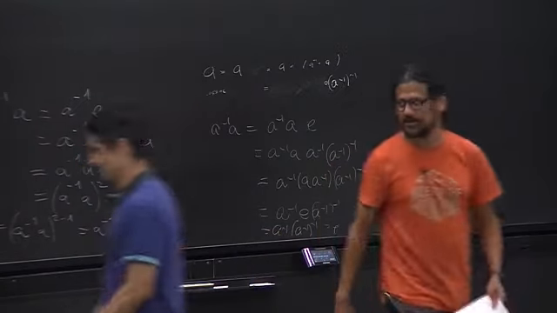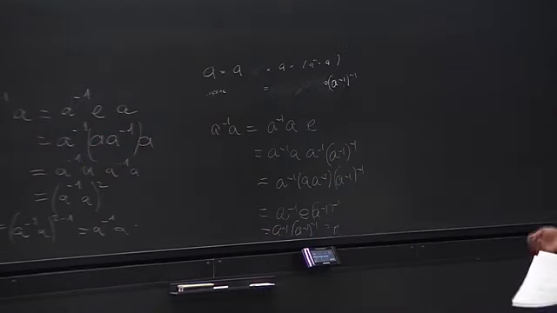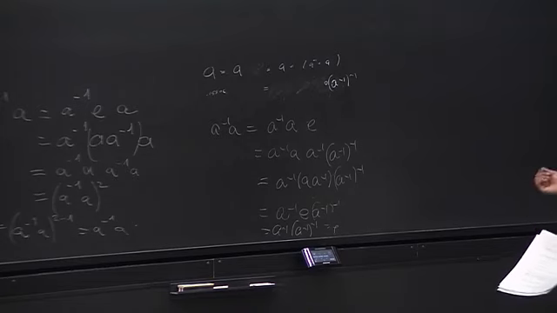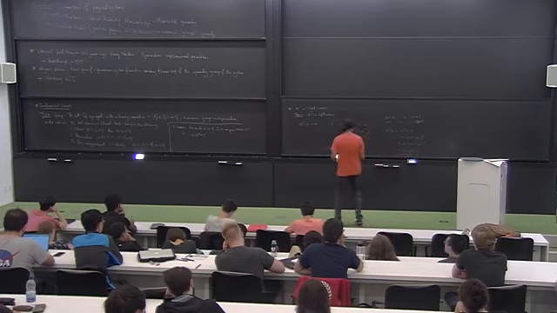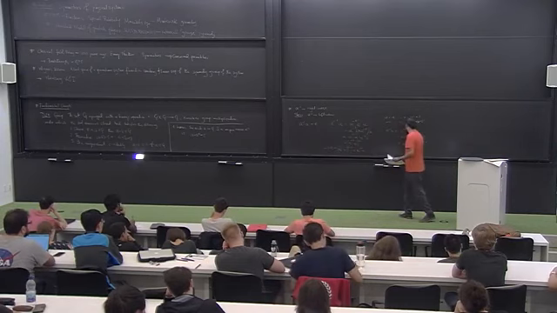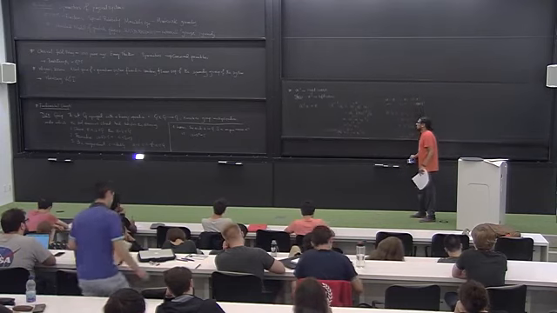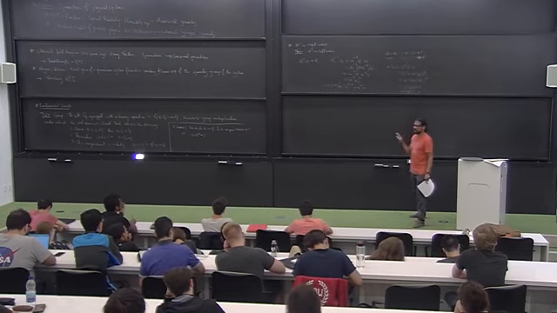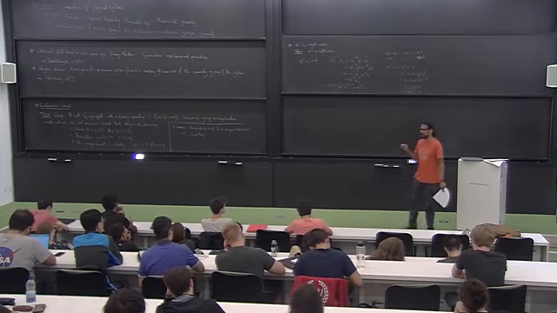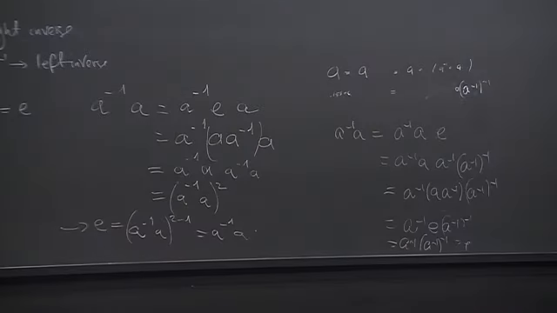You should be able to try these things on your own. Some of the basic ideas of group theory involve these very simple manipulations, which are like set theoretic manipulations.